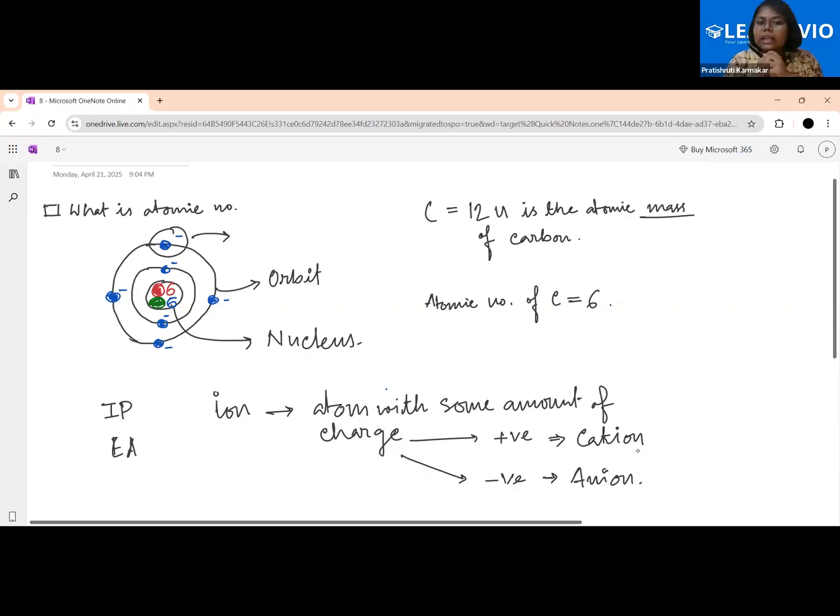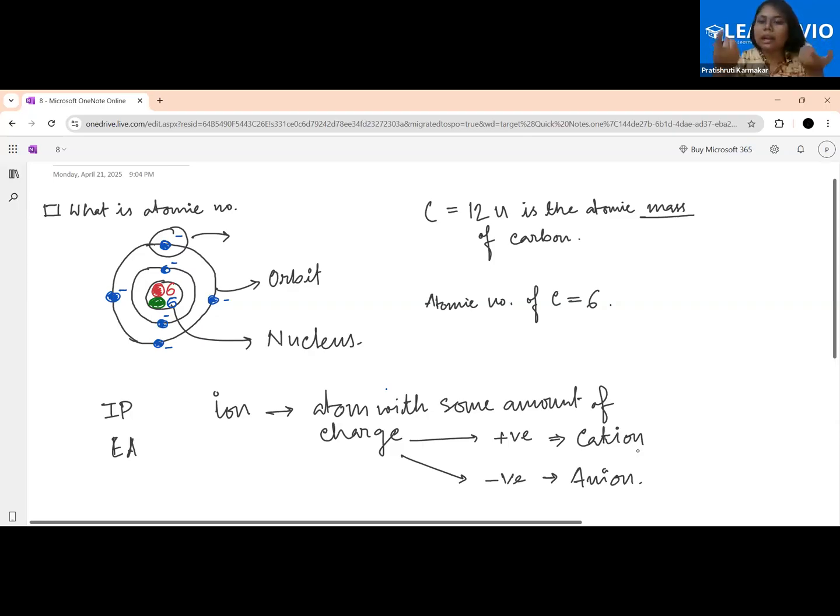So what we have seen is that the number of electrons in an atom can vary. But the number of protons is fixed because the protons are in the nucleus and it is very tough to excite a proton and take it out from the nucleus. They are bound with very high energy. So the number of protons in an atom is fixed.